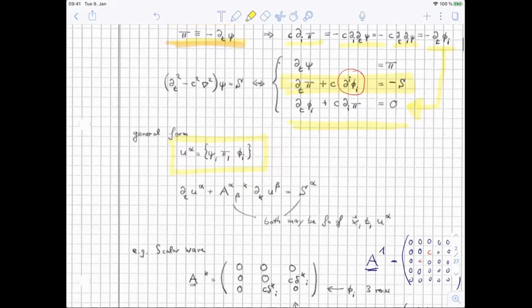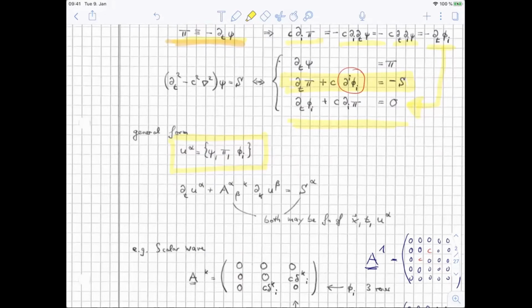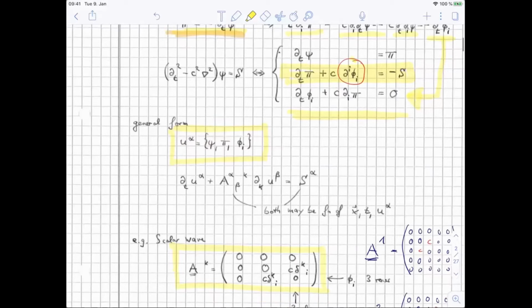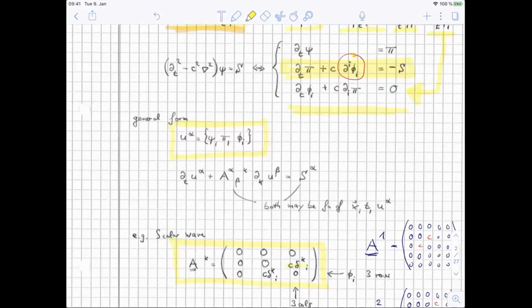with the A matrices being remarkably simple, consisting nearly completely of zeros, except for the gradient of phi terms in the middle equation, which turn into Kronecker deltas down here.